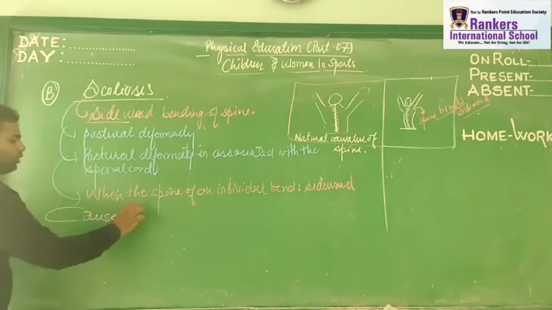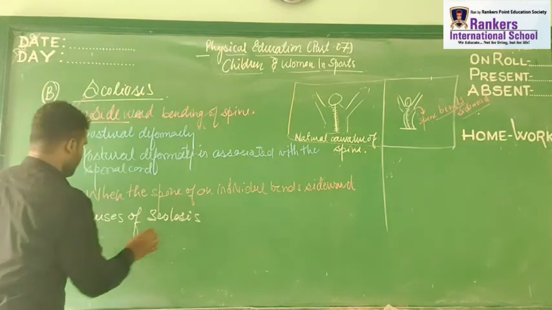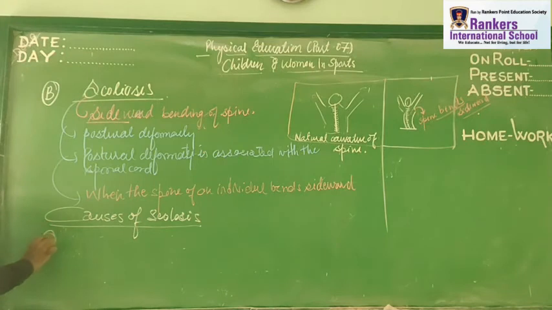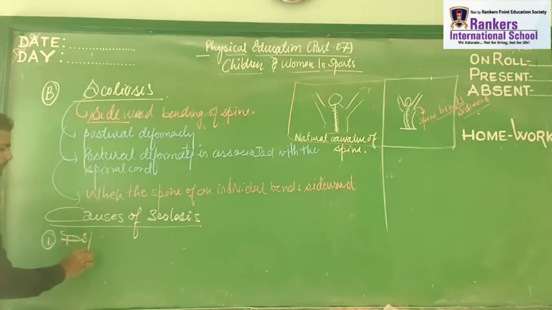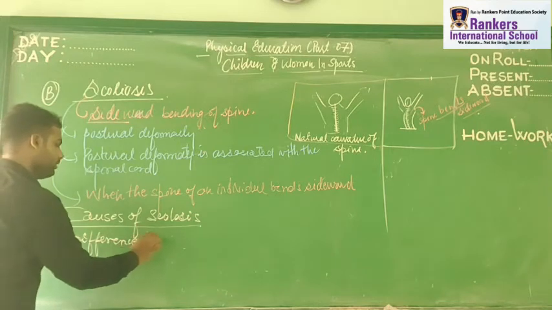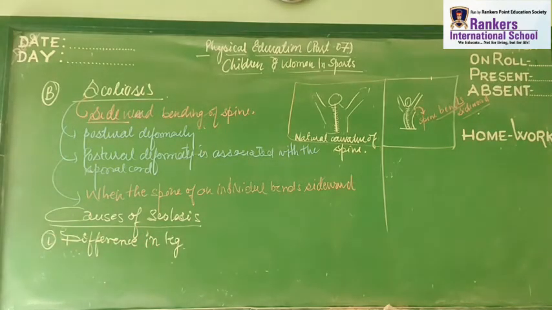Causes of scoliosis. The first cause is difference in the leg length. What is the first cause? The first cause is difference in the leg length.